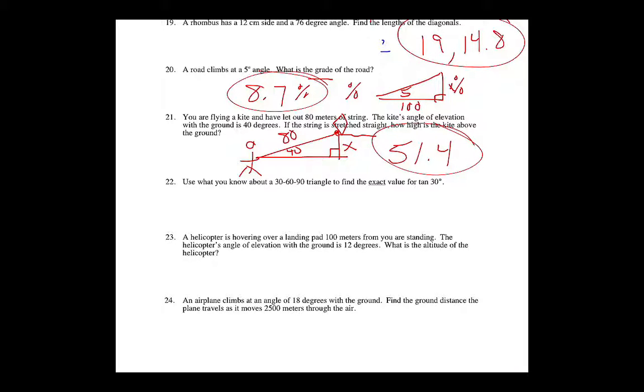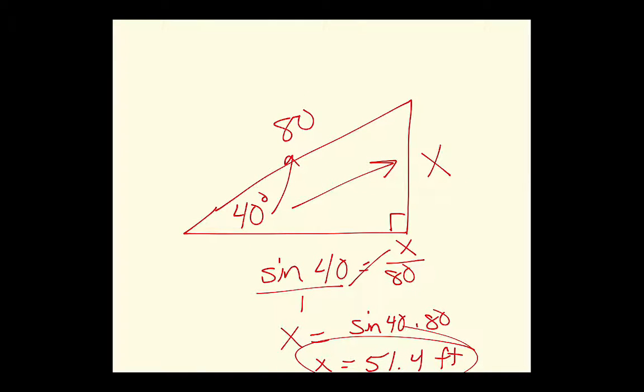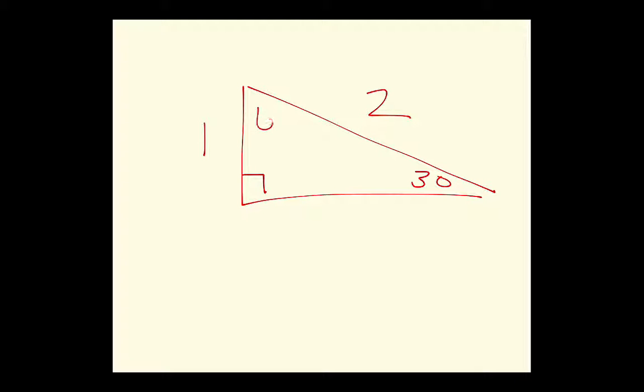Number 22, use what you know about a 30, 60, 90 triangle to find the exact value for the tangent of 30. All right, well, I know all three sides of the basic 30, 60, 90. So the side across from 30 is 1, across from 90 is 2, and across from the 60 is always root 3.